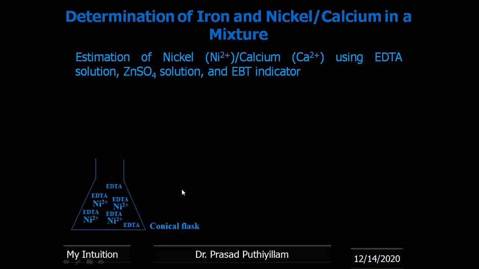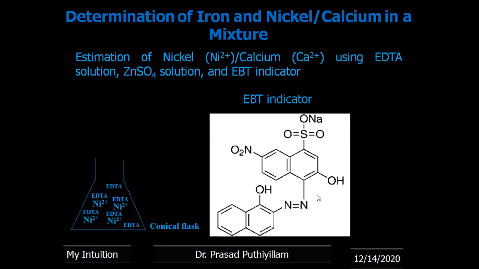The excess has to be titrated with the help of EBT as indicator, because in volumetric analysis we need a visible color change to stop the reaction. This is the structural representation of EBT, Eriochrome Black T. It can be written as H2Y minus also, because these two hydrogens are reactive.